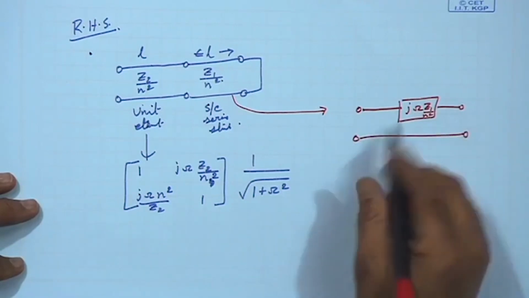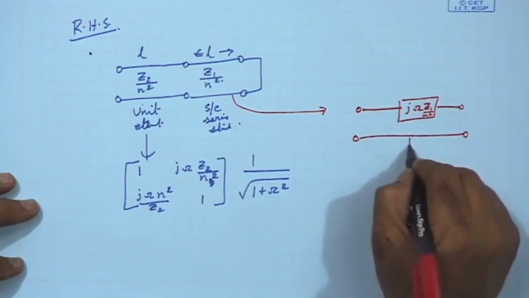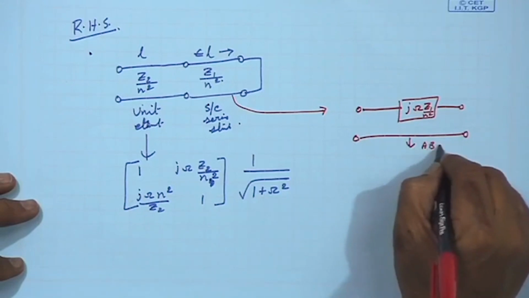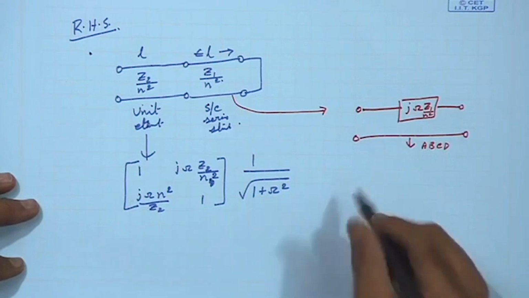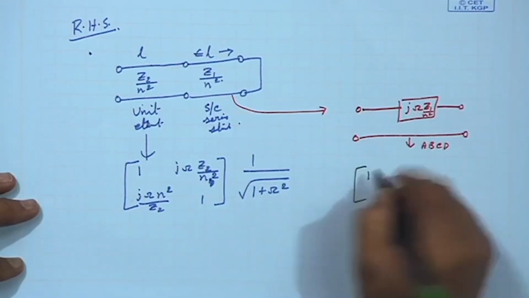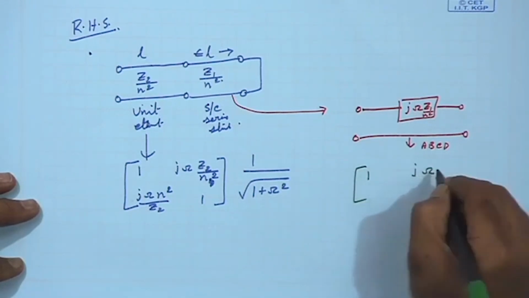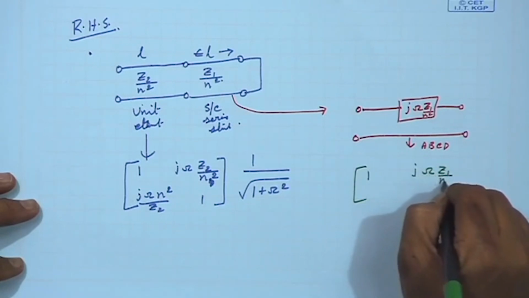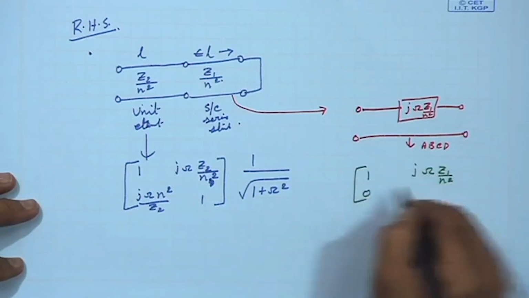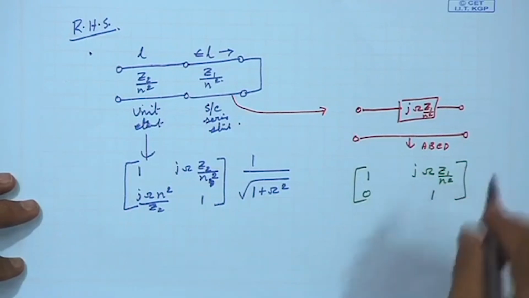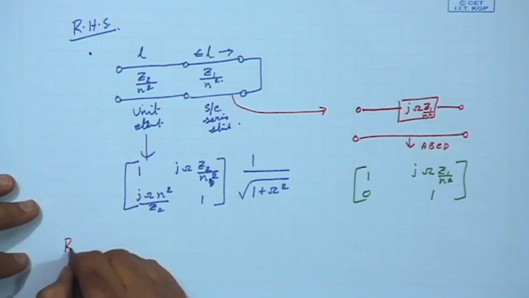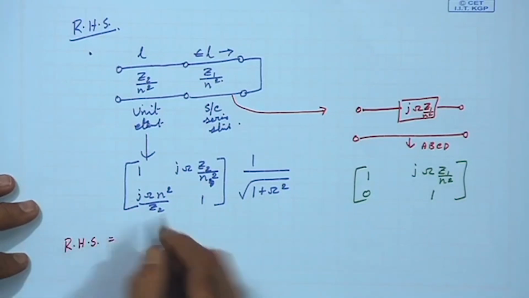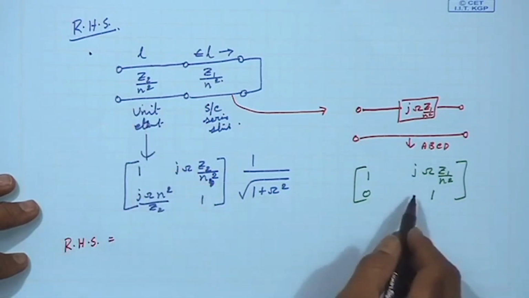You know this ABCD matrix, it will turn out to be 1, and so on. All this we have done earlier, just refer there. So, the RHS will be the composite of these, this one into this one.